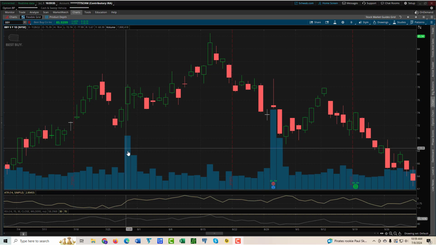There is some interpretation as to how you set up the neckline and where exactly that point of the neckline is. You can see here that this particular low point that makes up one connecting piece of the neckline is a support level right here. This is higher than this. If you look at the white horizontal line coming out of my cursor, you can see that this low point is lower than this.